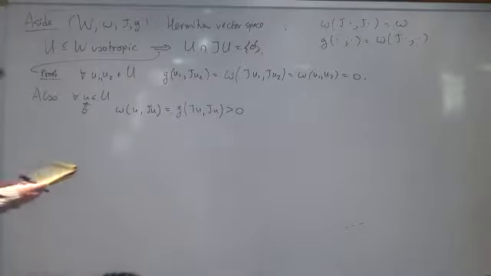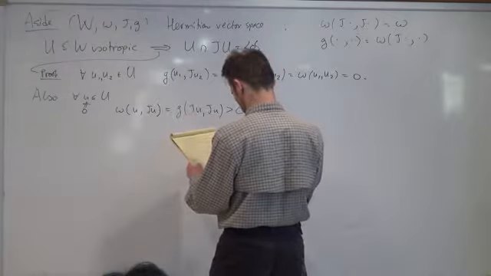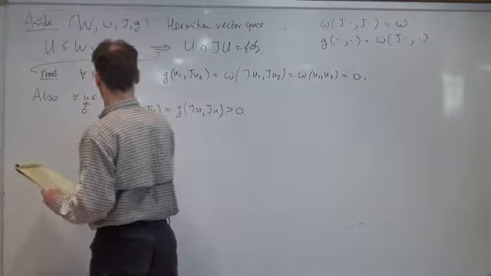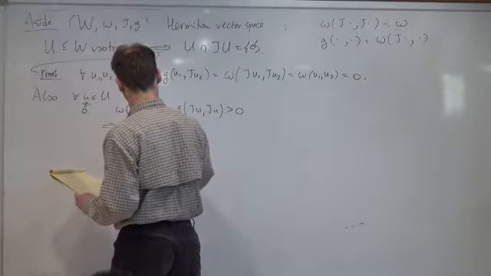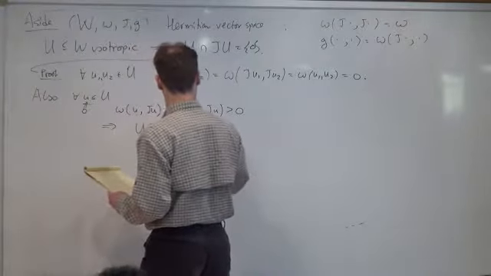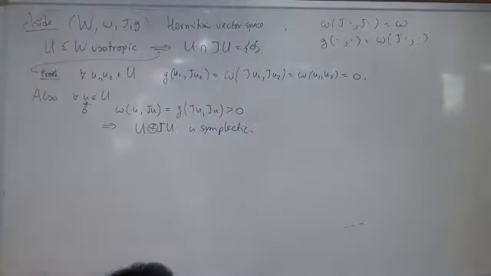And that tells me that if I look at U direct sum JU, this is symplectic. Right?